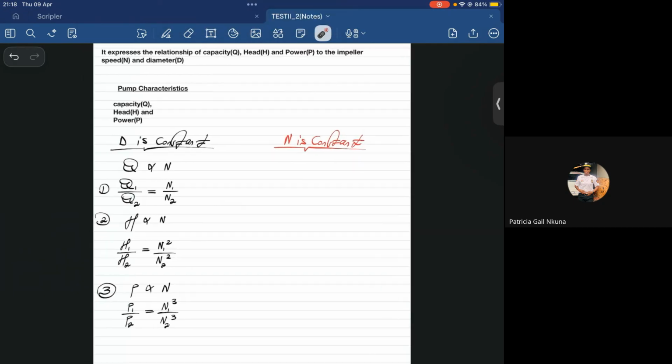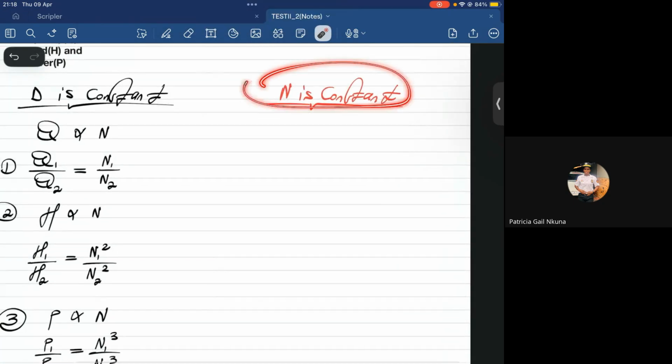I was saying that since the impeller speed is constant, remember the affinity laws express the relationship of capacity, head and power to the impeller diameter and the speed. So only these two parameters must be constant when coming to the affinity laws: the impeller diameter or the impeller speed.